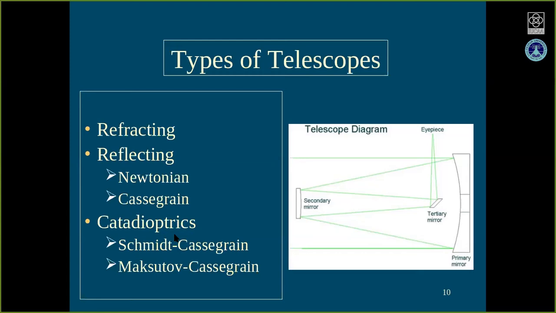We use that lens to remove the aberration. After that, in the lower part there will be the objective mirror, then the secondary mirror, then some other optics. These Schmidt-Cassegrain and Maksutov-Cassegrain are generally very small class telescopes where we use both lens and mirror.